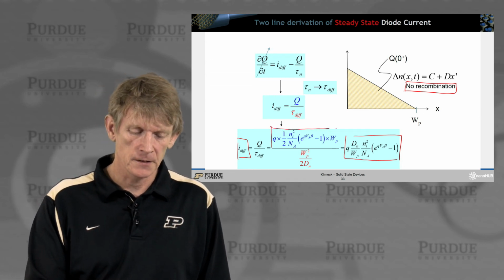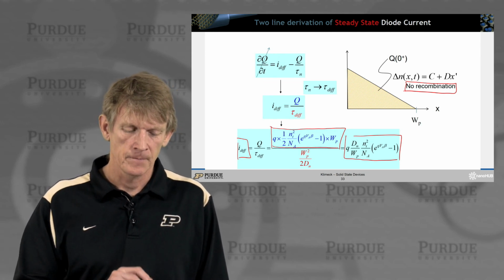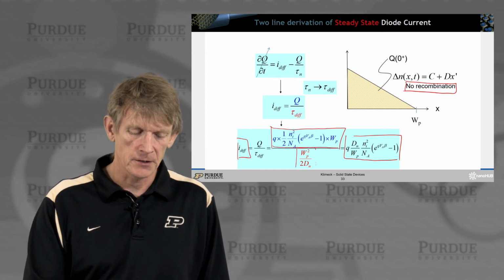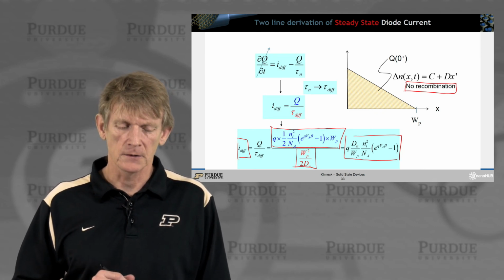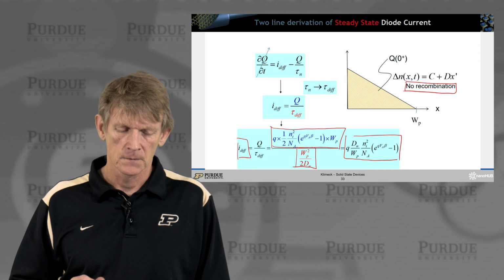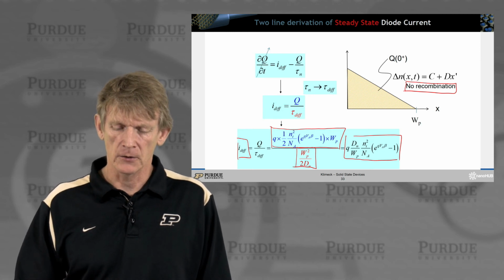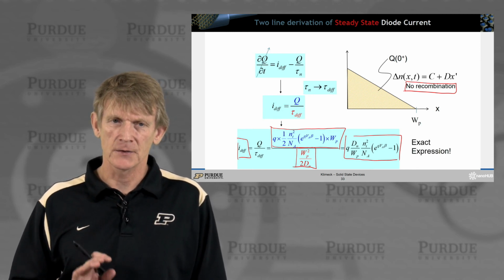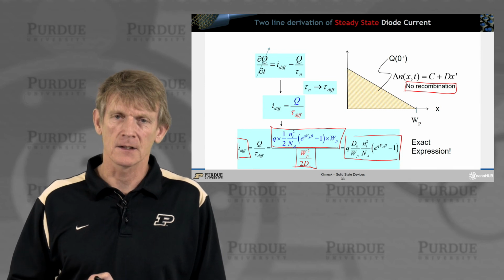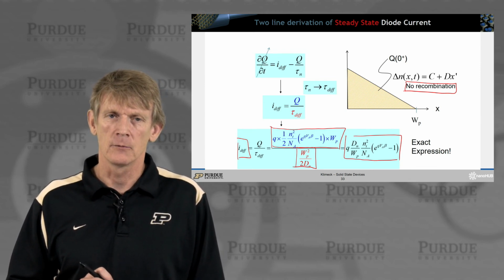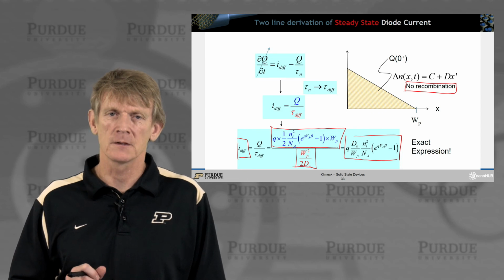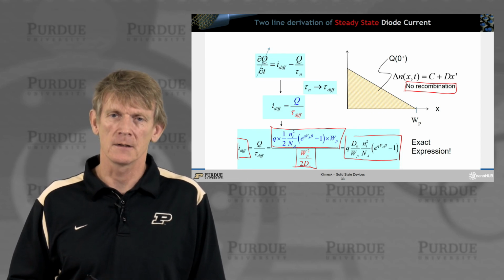We have the charge in the system. We calculated this multiple times now. And we have the expression we just had on the previous slide. So here we have an exponent. There's nothing really sophisticated going on here, but interestingly, this is exactly the same as what we derived in a much longer expression for the diffusion limited current through a pn-diode.